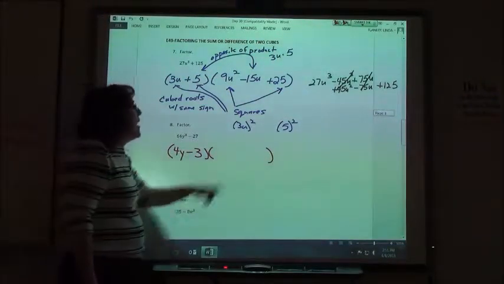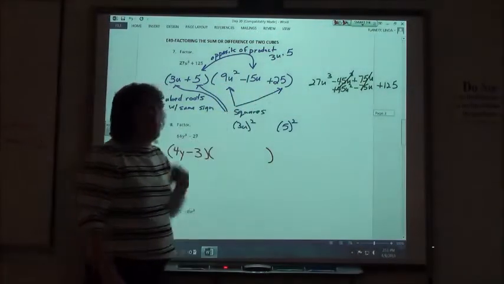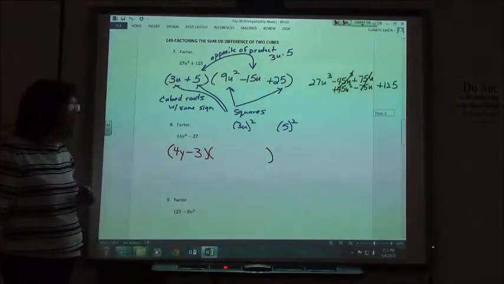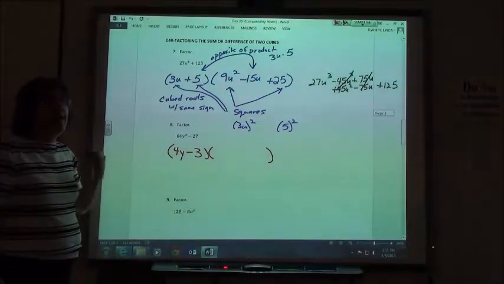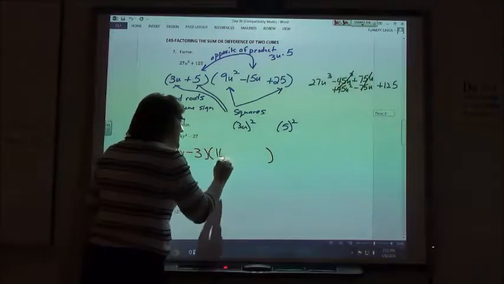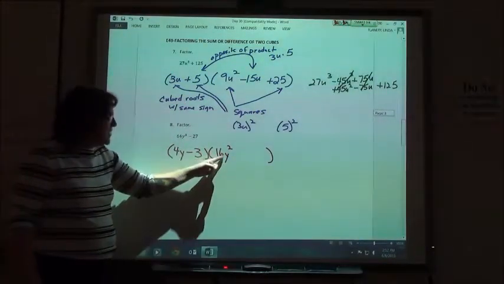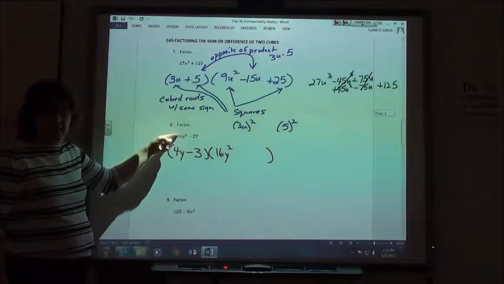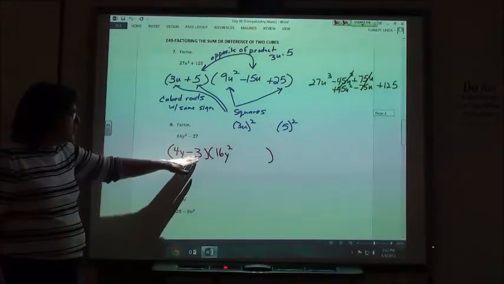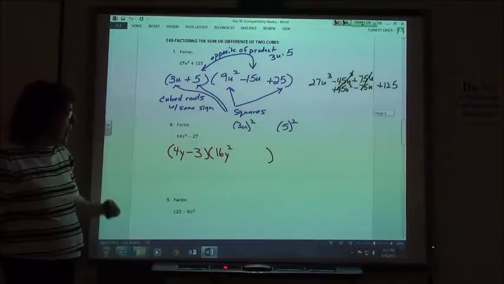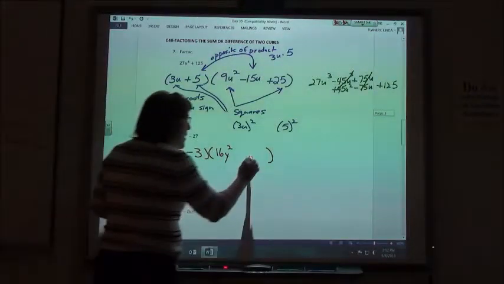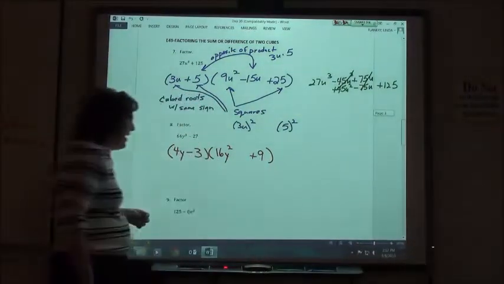Going to the next part, I want to do the squares of each of my first and my last. So if I square 4y, 4y times 4y is 16y to the second power. 4y times 16y squared should be 64y to the third. Squaring my negative 3. Negative 3 times negative 3, positive 9.